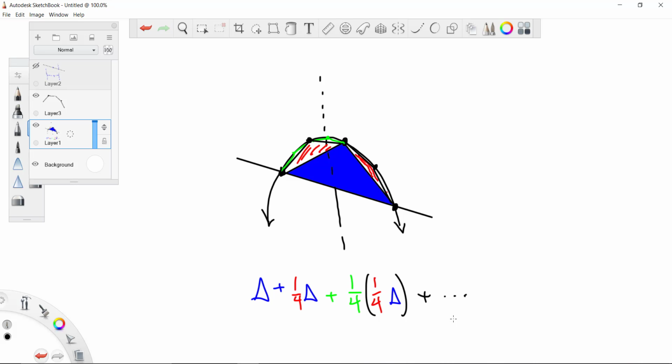And you'll remember this process is something that we've seen before. This endless sum, this infinite sum, is called a series. So that's what we're going to be picking up next time, is evaluating this series to actually get an equation for the area under a parabola. So that's where we left off.